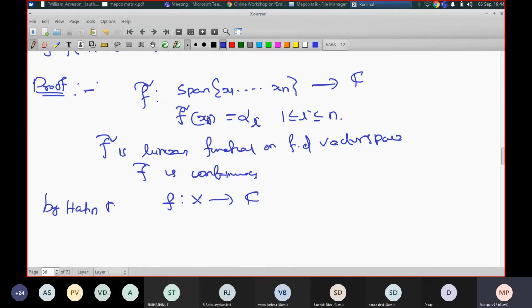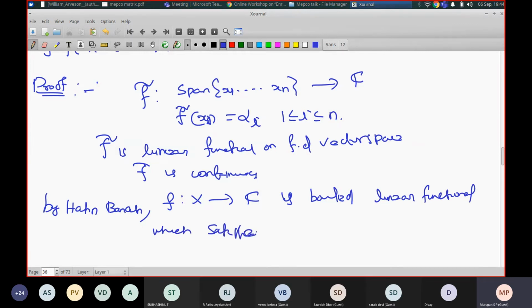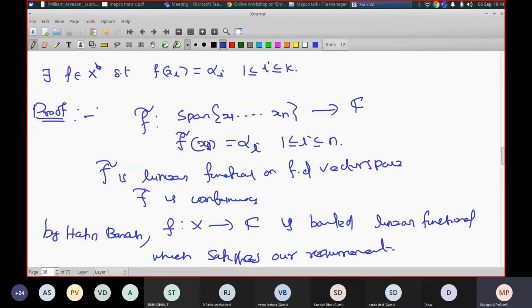Because of the application of the Hahn-Banach theorem, this gives a bounded linear functional which satisfies our requirement. Okay, this is fine.